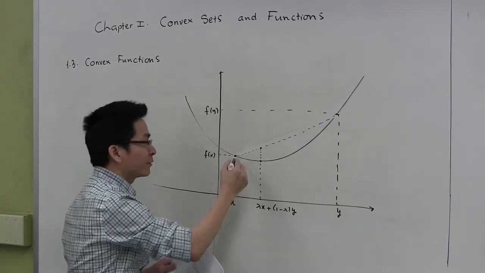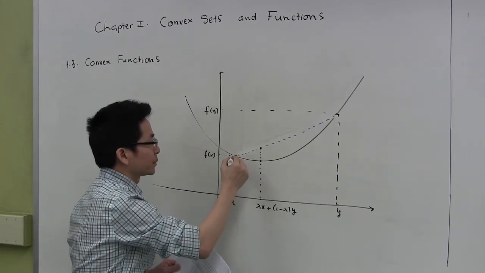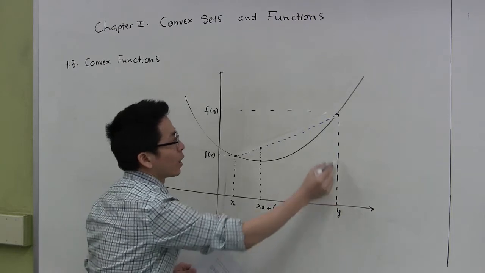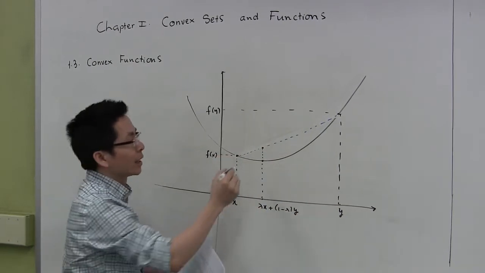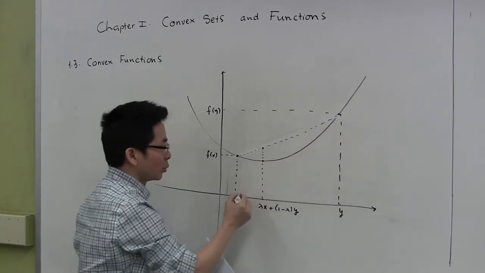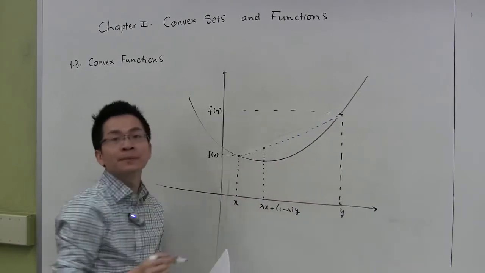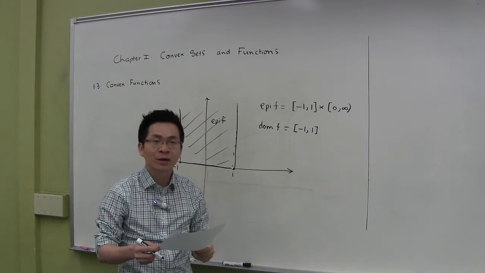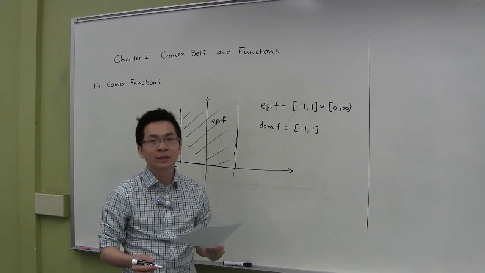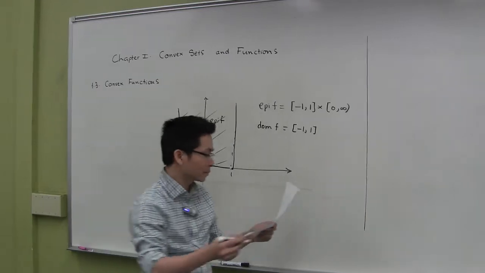Then the graph of the secant line connecting x, f of x and y, f of y always lies above the graph of the function within the interval xy.